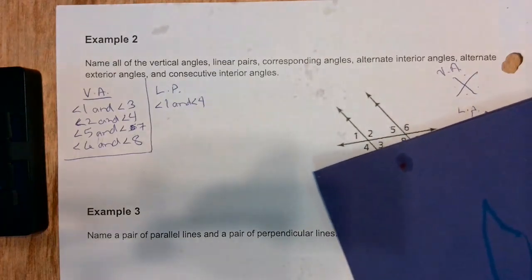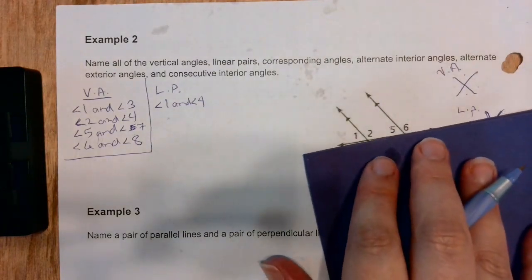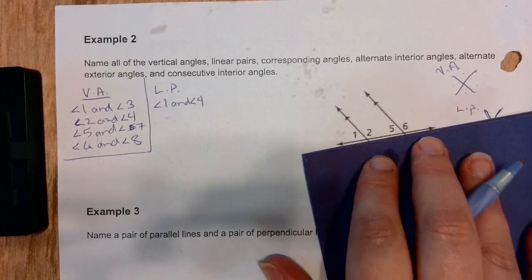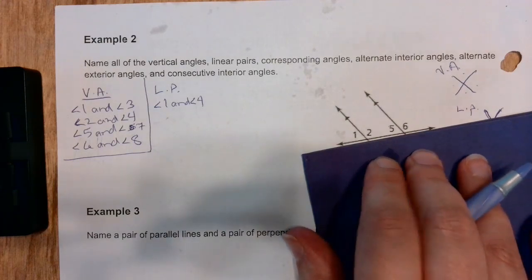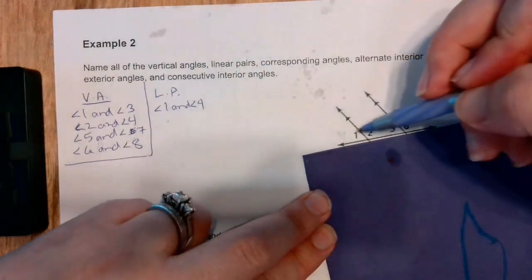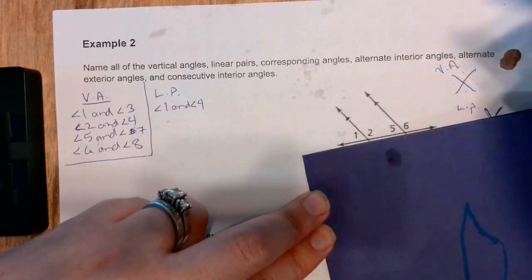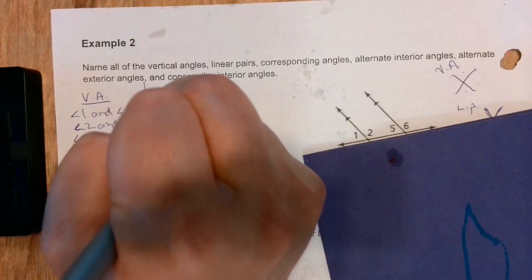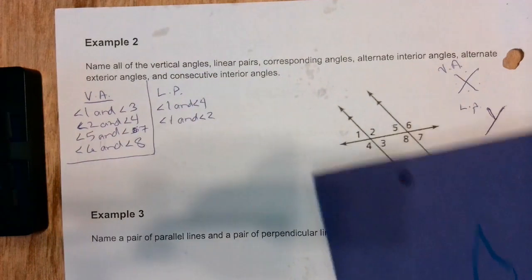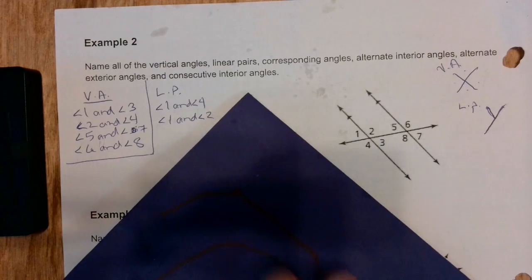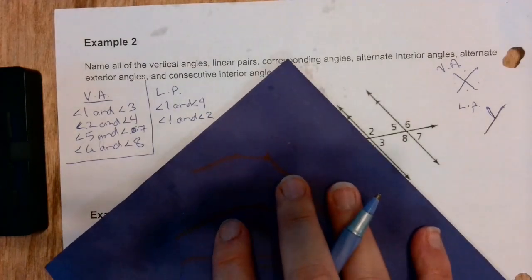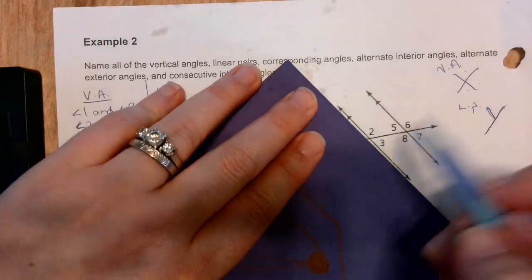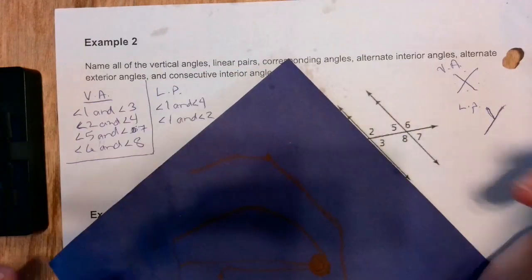But also, 1 makes a straight line with angle 2. You see they're right next to each other. They share this part right here, and together they make a straight line. So 1 also makes a linear pair with angle 2. But then, look there. 2 and 3 make a straight line with the little stick coming off.